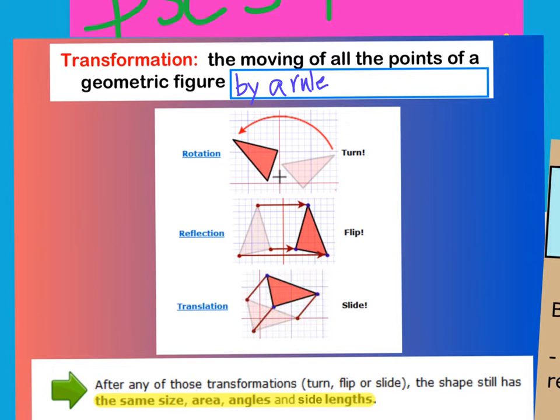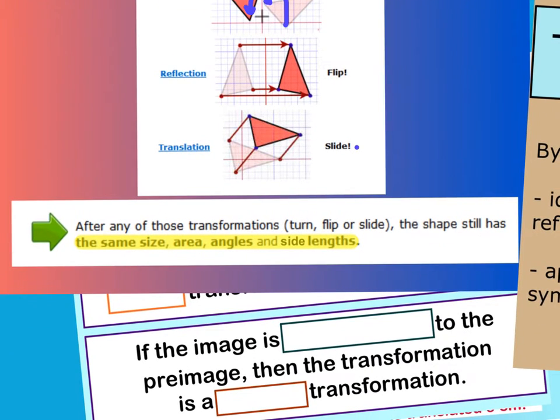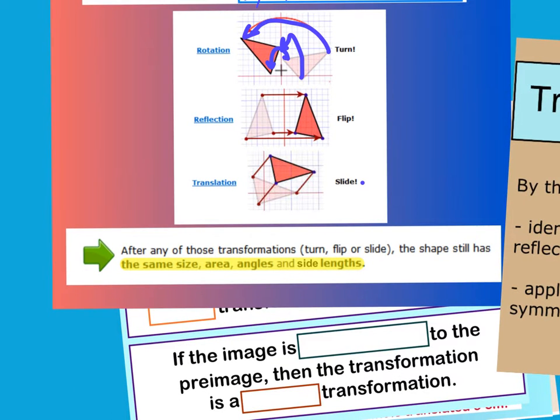Rotation. You move this point a certain number of degrees here, this point a certain number of degrees there, this point the same number of degrees there. These transformations that we're looking at preserve the size and the shape of the original figure.